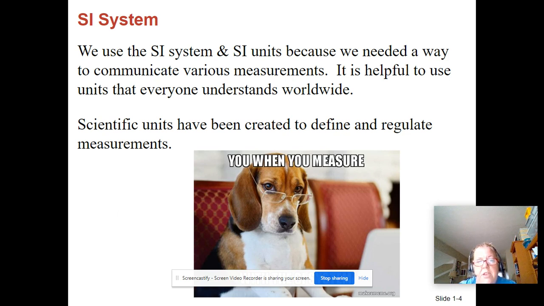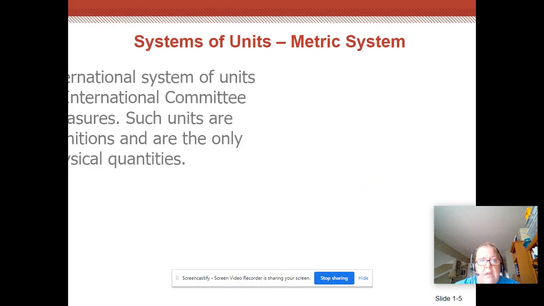A yard would be from the nose of the king to his outstretched hand, and that changed depending on who the king was. So we had to come up with some way to say this is the defined measurement, and that's when the metric system was used.